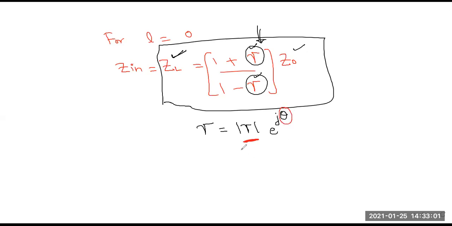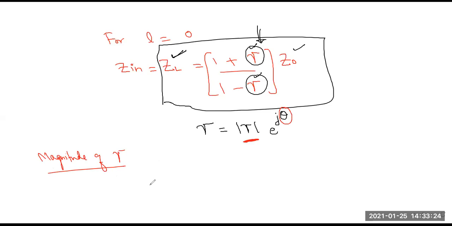So now let's talk about the magnitude, how you will find out the magnitude. There is one relationship that we derived between standing wave ratio and reflection coefficient.